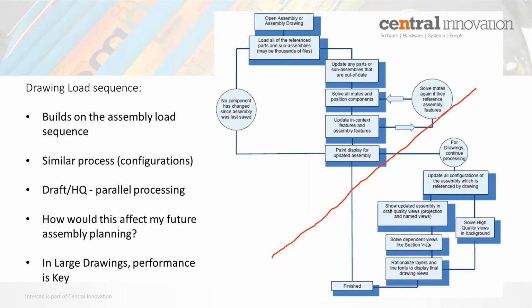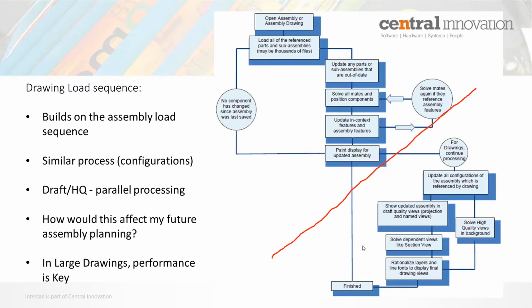In the draft quality flow there, it'll also solve dependent views like section views as well. And then the final part of that process is to rationalize layers and line fonts to display final drawing views. Okay, so that's where the high quality and draft quality come back in at the end of that process.